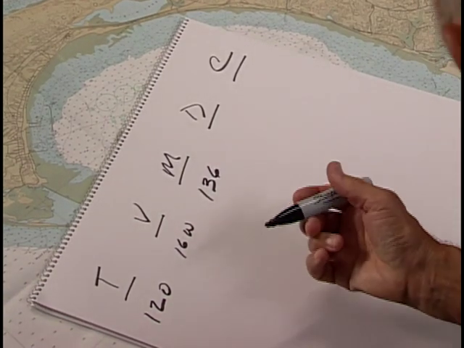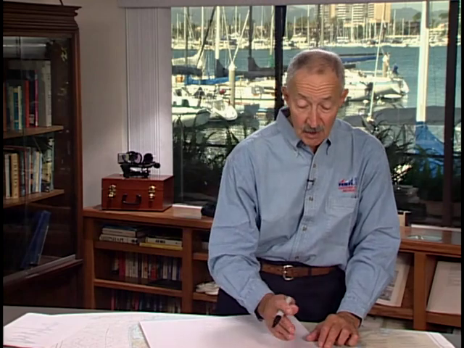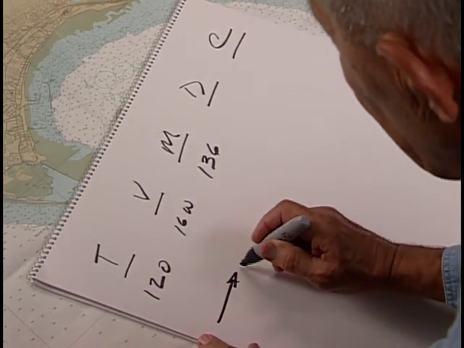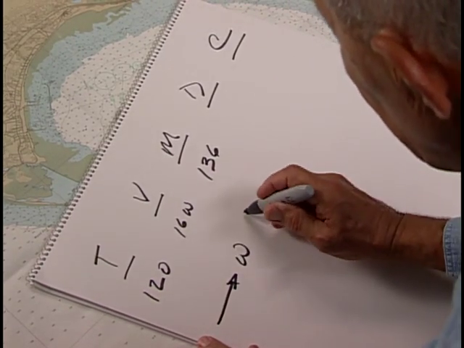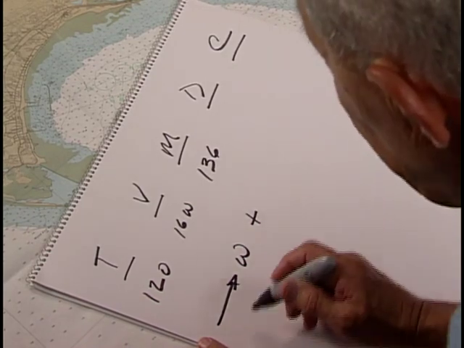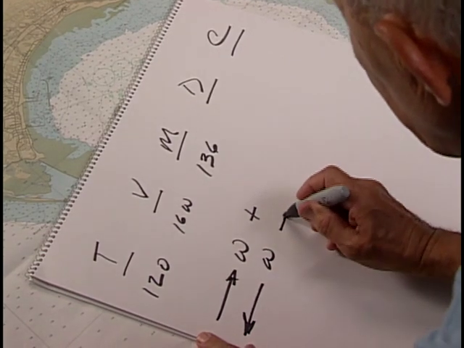There's a question of whether we add or subtract that number, and there's a set of rules that we use for that. If we're moving from left to right in this table, westerly variation would be added. And going from right to left, westerly variation would be subtracted.